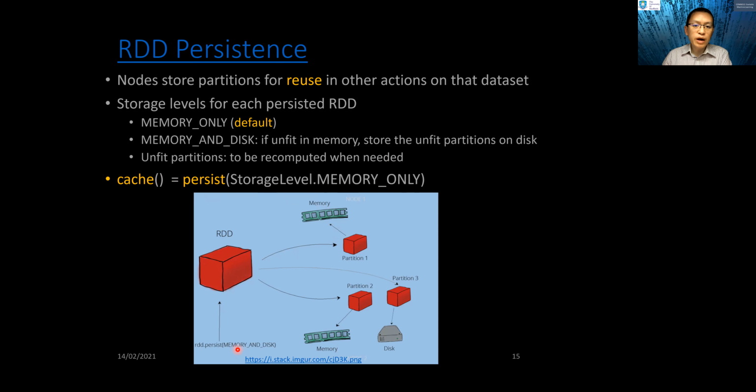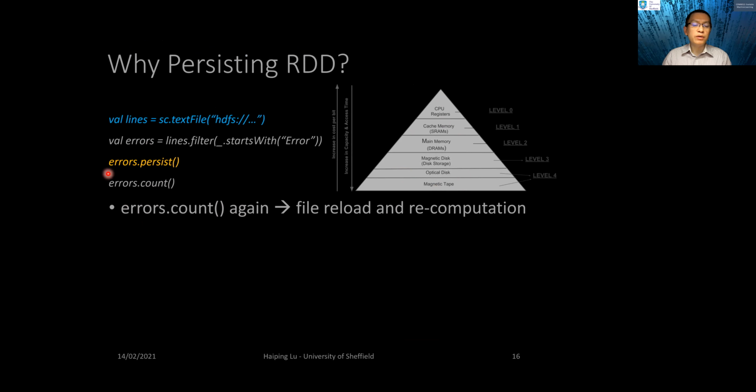If we do another action on the errors, for example count again for another task, then without persistence we have to load the data from the bottom of the hierarchy and then recompute. That will be slow, because loading the data from a lower tier slows your computation down.